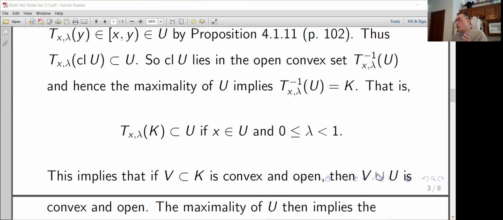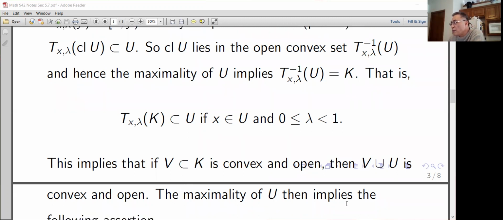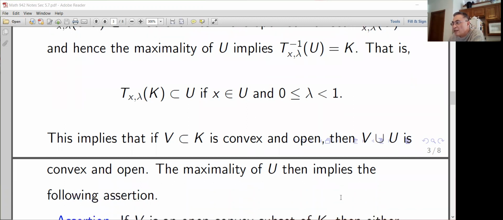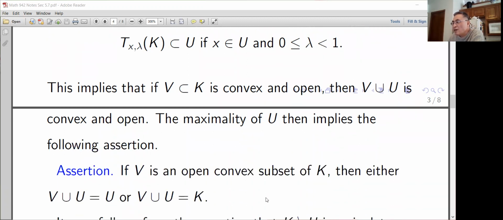So this is convex and open. And if it is convex and open, then again, U is the maximum. So this implies that V union U is either U or K. So it is either U or larger than U.